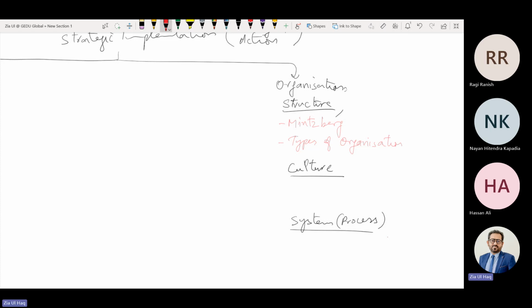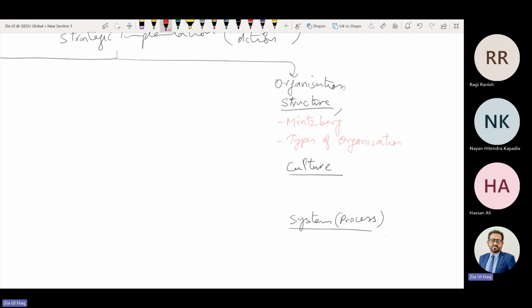Only the leader and subordinates. There is no middle line. There is no techno structure, no support staff. Could be machine bureaucracy, highly formalized structure. Could be professional organization where operating core is having some power. Could be divisional organization where divisional managers are powerful. Could be adhocracy, highly informal structure where everybody is working in a team. Or could be missionary where everybody is focusing on one cause, one mission.